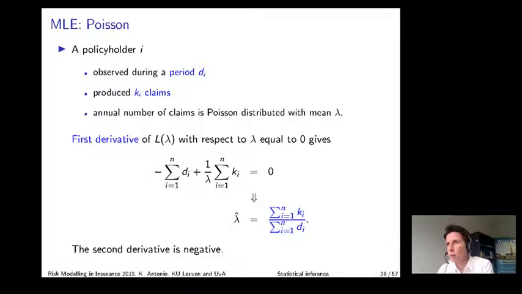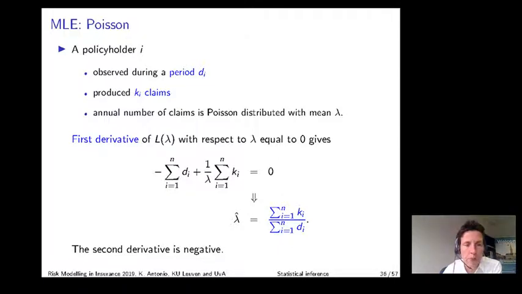Now, the MLE as obtained over here has a very intuitive expression. You see that you estimate the lambda parameter as the annual mean claim frequency. That is, it is the ratio of the number of observed claims, that's the sum over all observed claims ki, sum over all policyholders i, divided by the sum of the total exposure in the dataset.